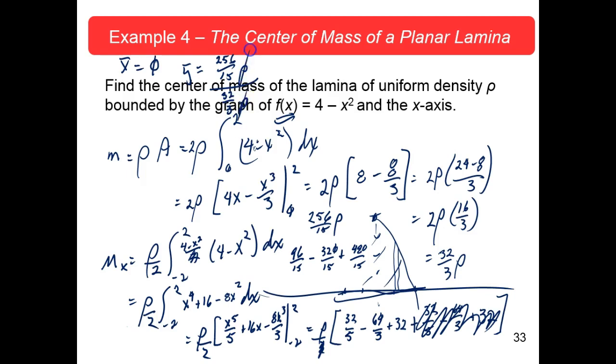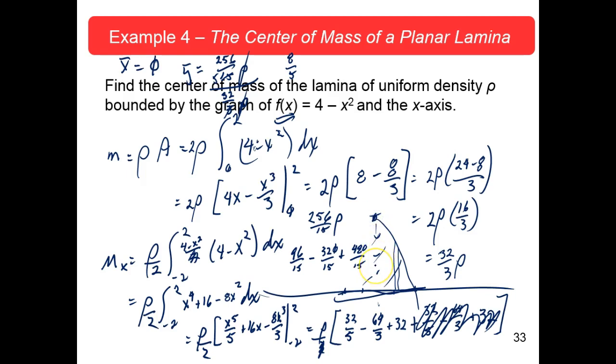And notice what happens to the rhos. You row your boat and they're gone, okay? So let's see if we can do this. 3 will go into 15 5 times, and 32 will go into 256 8 times. So you have 8 fifths is your Y bar.